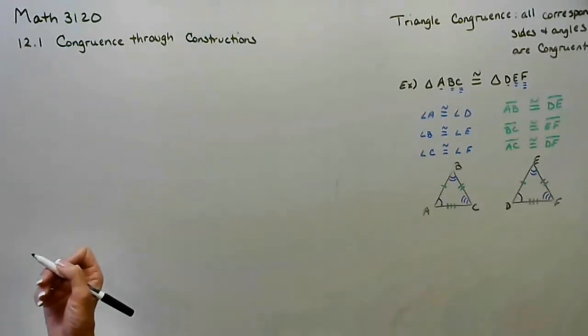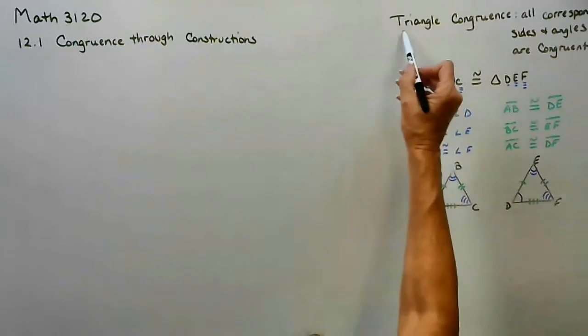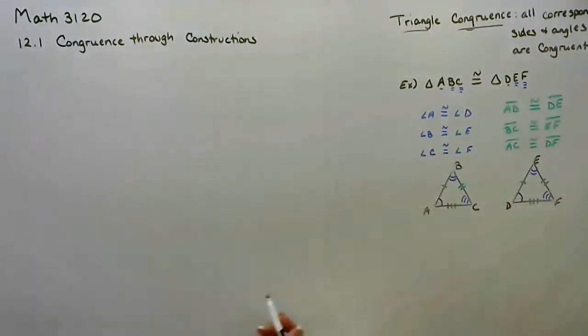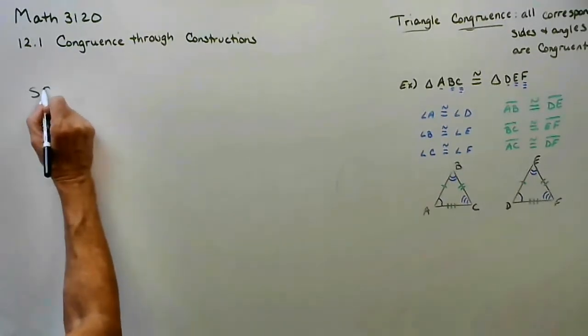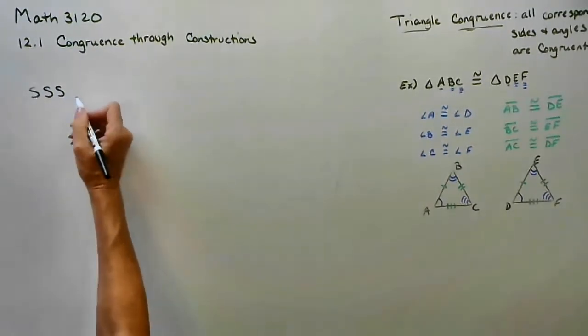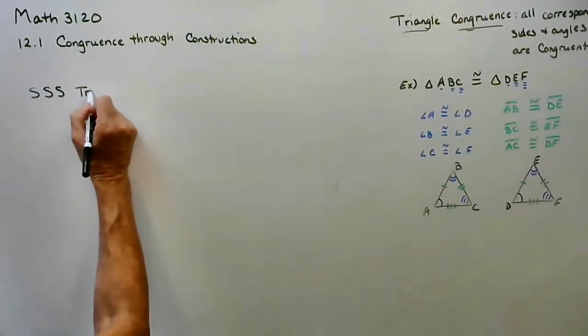So the first triangle congruence theorem. Now we're looking at triangle congruence, so we're still talking about triangles, is what's called the side-side-side triangle congruence theorem.